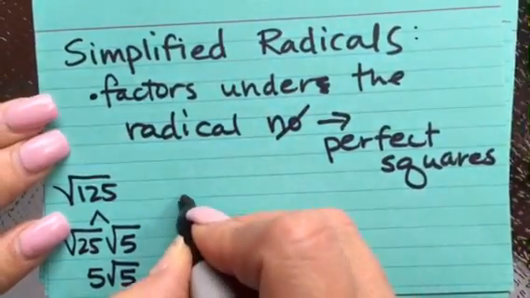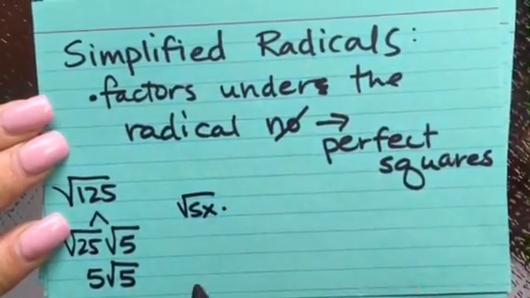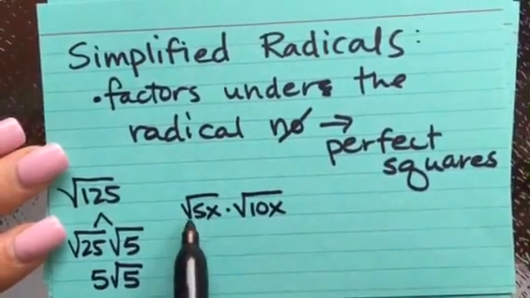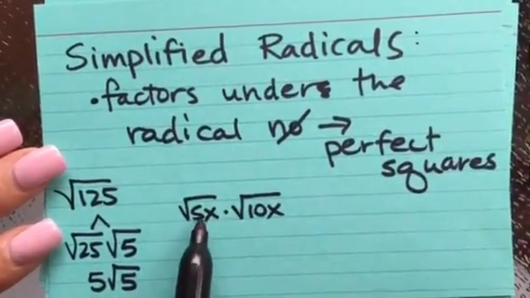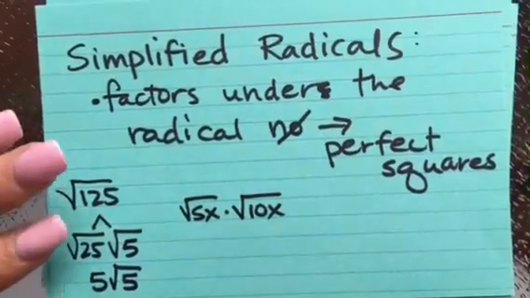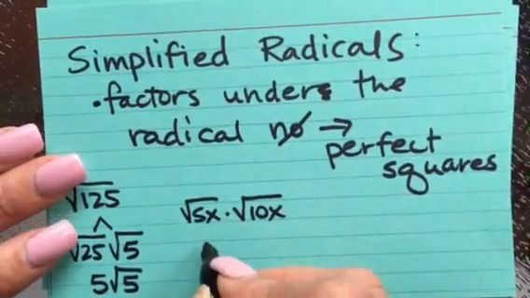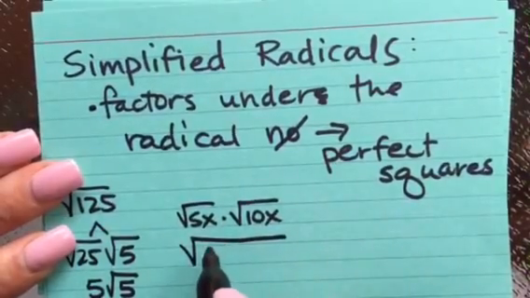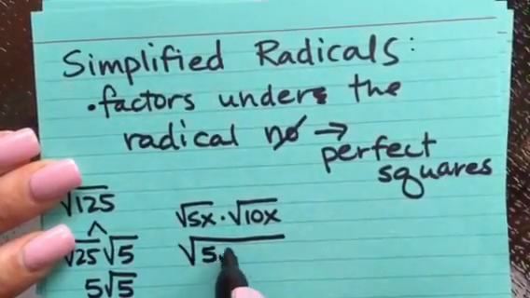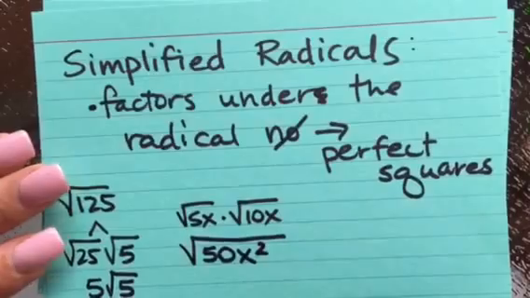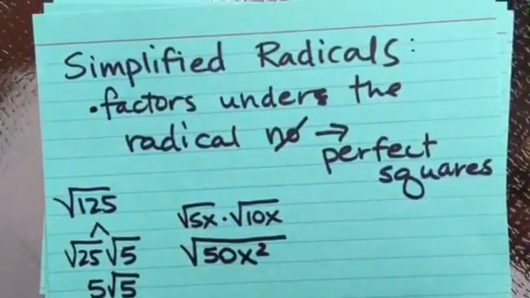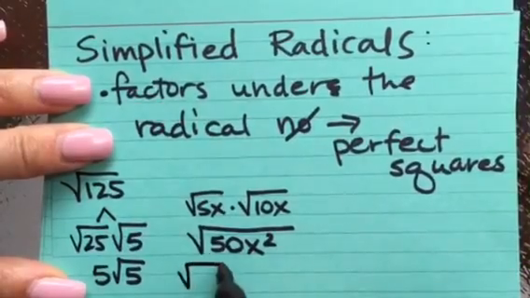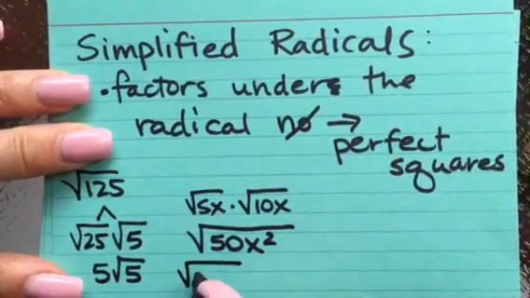So what if we had something like this, the square root of 5x times the square root of 10x? Well, neither one of these have factors that are perfect squares, but if I multiply them together, then we have something where there is. So if I multiply these two things together, we end up with the square root of 50x squared. Well, now we've got some things in there that are perfect squares, like, let's think about 50. Again, 25 goes in there.